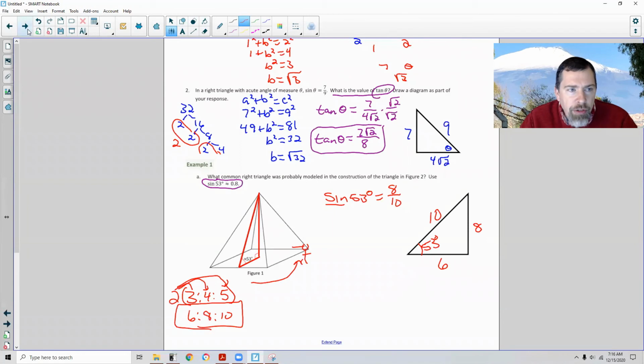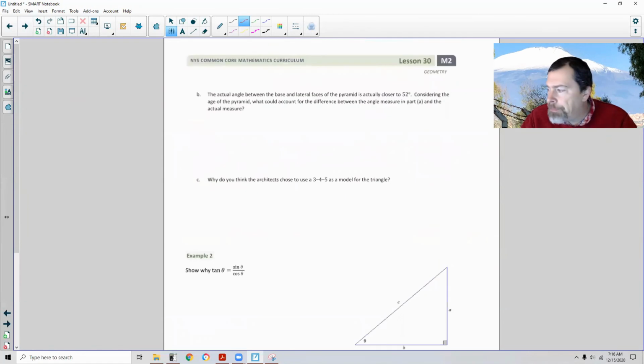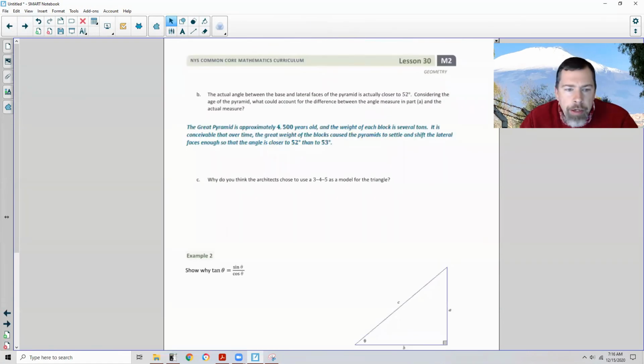What could be the reason for that? The Great Pyramid is approximately 4,500 years old, and the weight of each block is several tons. It is conceivable that over time, the great weight of the blocks caused the pyramid to settle and shift the lateral faces enough so that an angle is closer to 52 than 53 degrees.